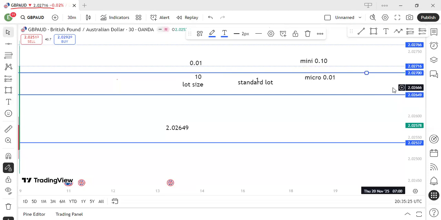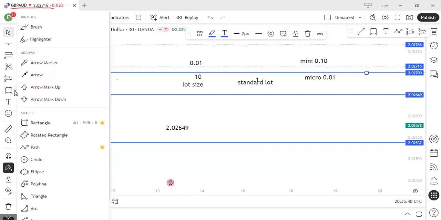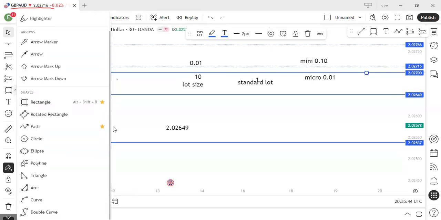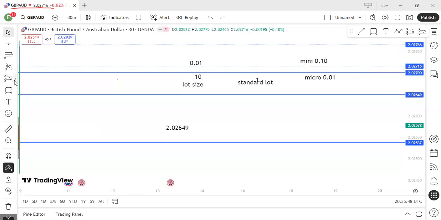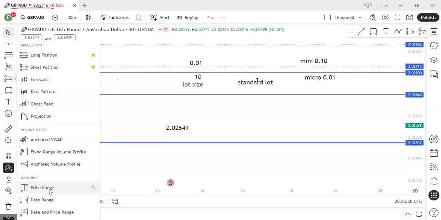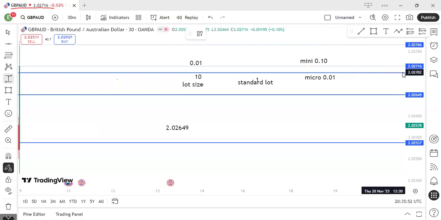But there's a system where forex will be able to calculate the pips. I think I have it here. Let me look for that. Oh, okay, this is price range.